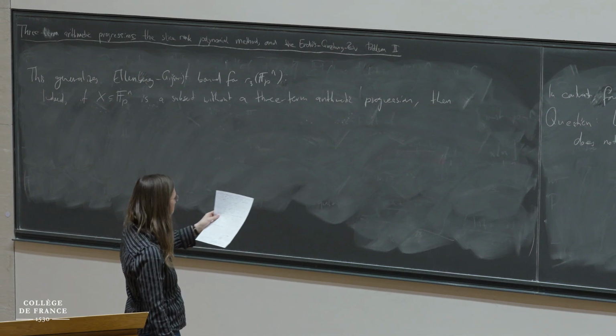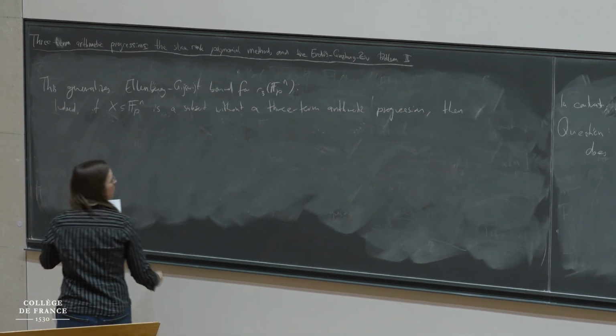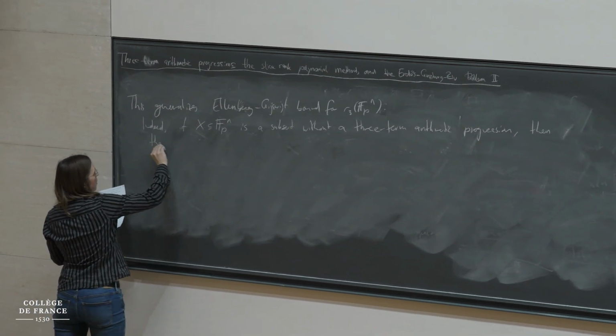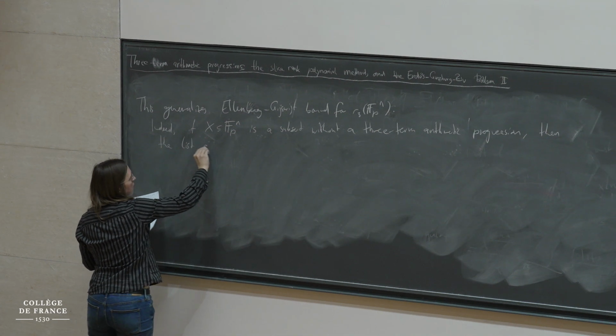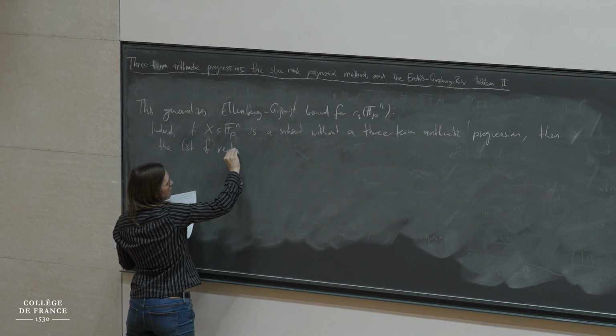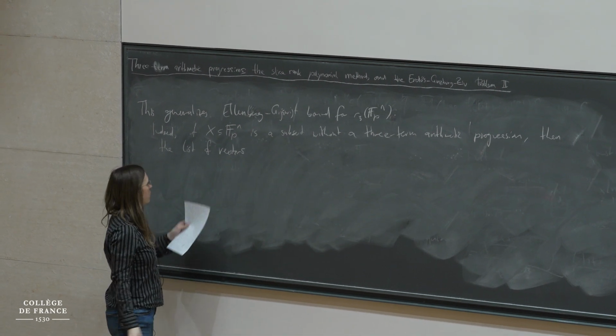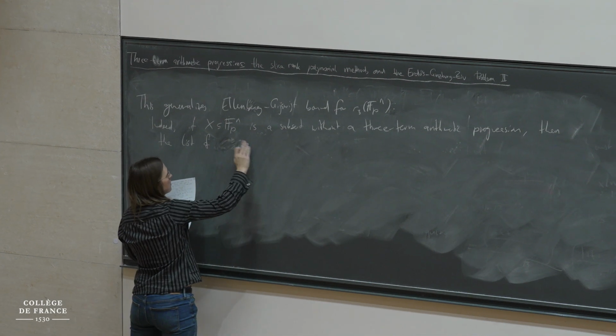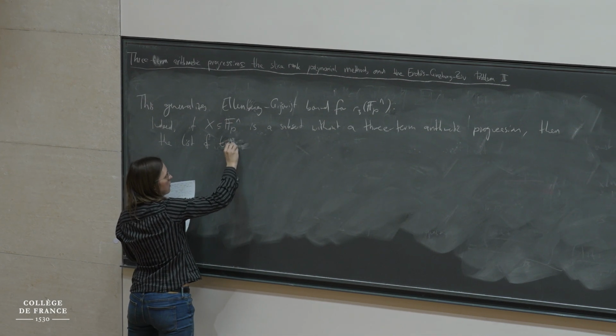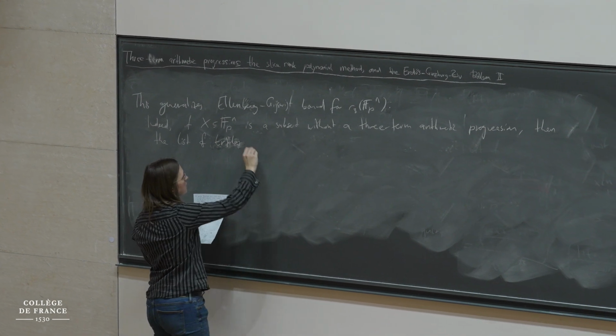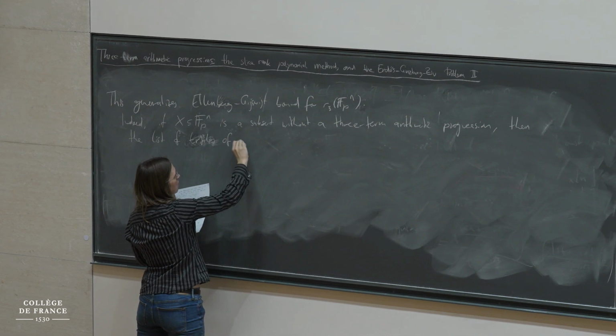We apply this theorem for k equals 3, so we need triples of vectors.